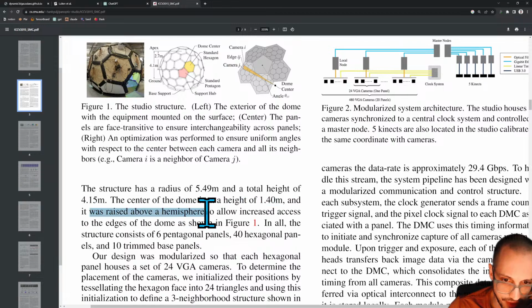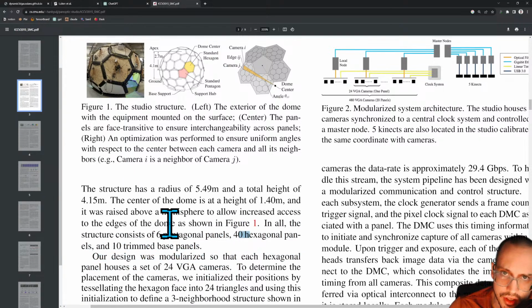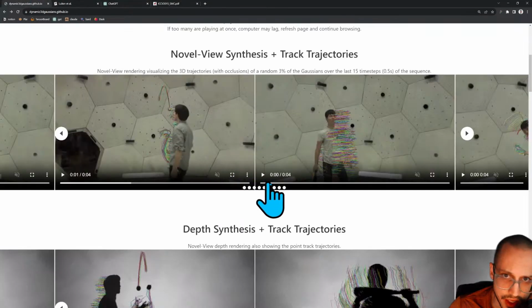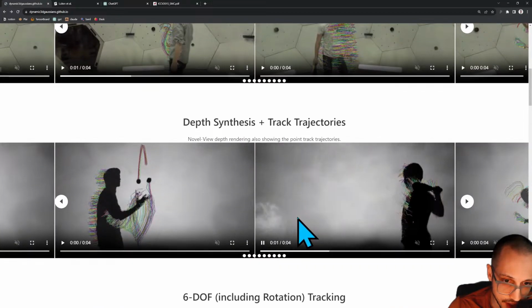It was raised above a hemisphere to allow increased access to the edges of the dome. It's 6 pentagonal panels, 40 hexagonal panels, and 10 trimmed base panels. So it's this giant camera dome, and there's a camera right in the middle of it, but then there's also little cameras all around the side. So each one of these little dots is a camera, so it's a huge amount of cameras inside this giant dome.